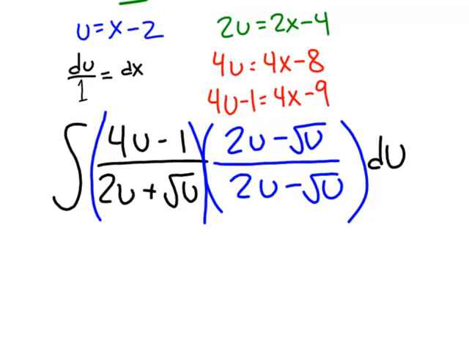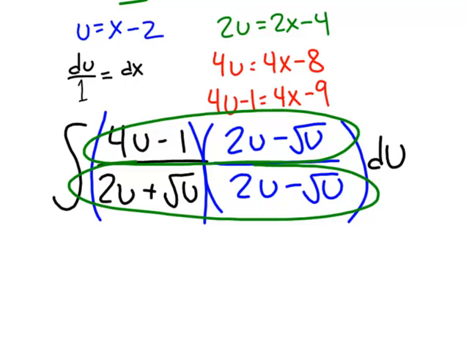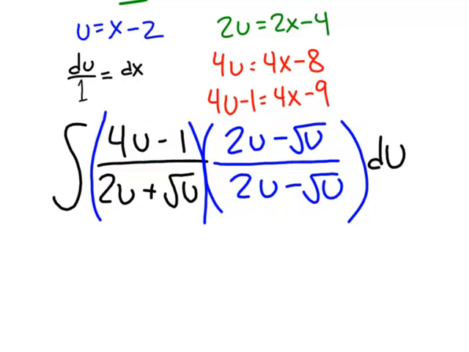Now, quite often in this situation, I would generally recommend that you FOIL out the top, but you not distribute out the bottom. You may recall me giving that advice. But in this case, our whole purpose for putting this 2u minus root u over 2u minus root u was to rationalize the denominator. So that's an exception. Let's go ahead and FOIL out that bottom, take advantage of our difference of squares pattern, and we're going to get 2u times 2u.